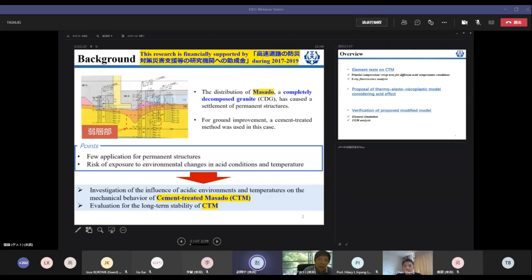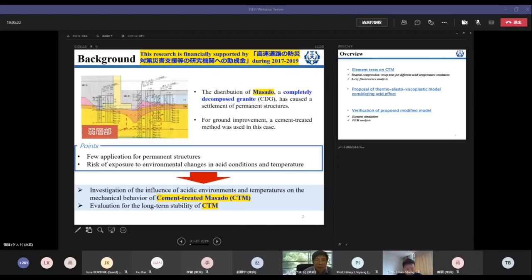The construction was conducted very successfully, and it has already been open to use. The problem is that in these areas we have very active volcanic activities. So for such kind of alkali treated soils, it is very sensitive to acid environment and also sensitive to the temperature change.